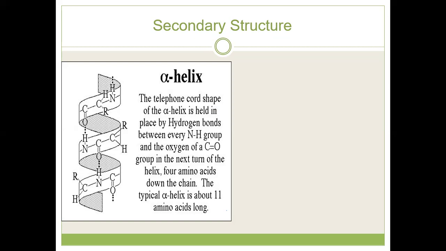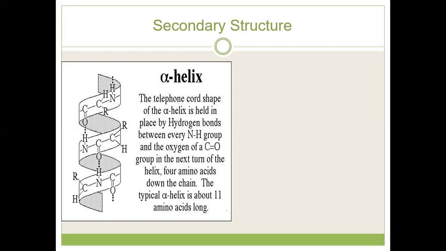That one can also form a hydrogen bond with the fourth one. So you have the carbonyl carbon of serine, and let's say the nitrogen of the fourth amino acid forming a hydrogen bond.